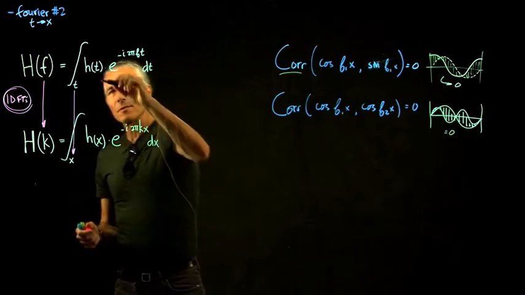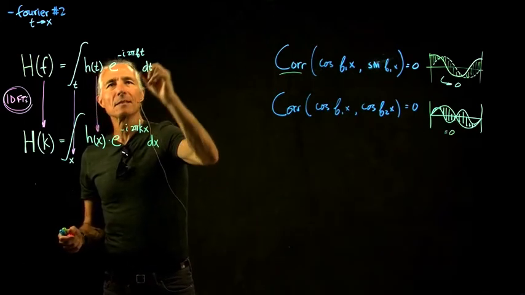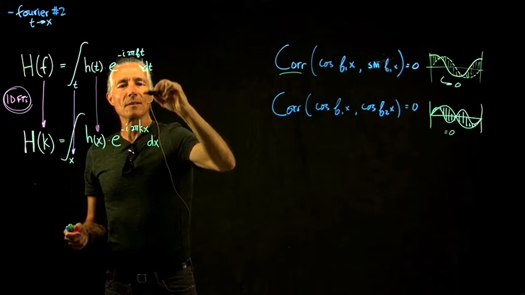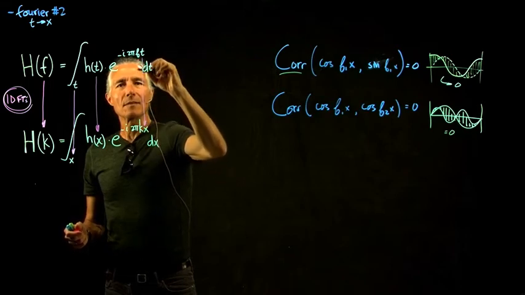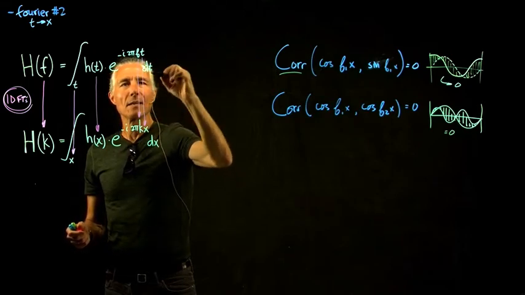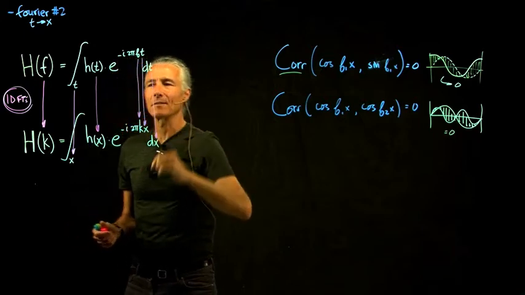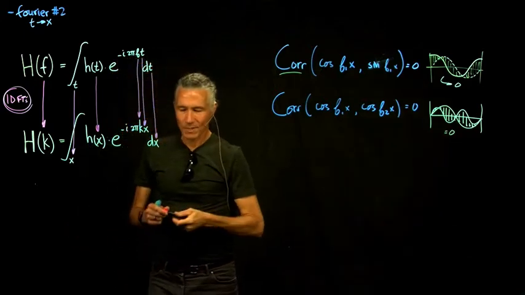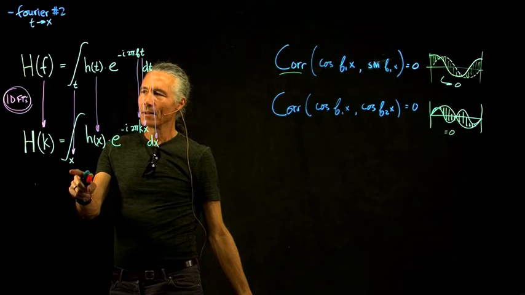So t goes to x, and frequency goes to k. This is our spatial Fourier transform.